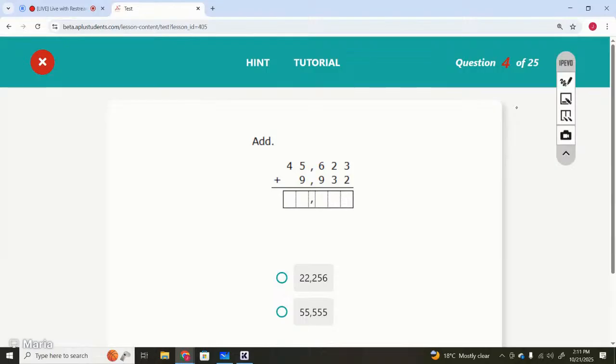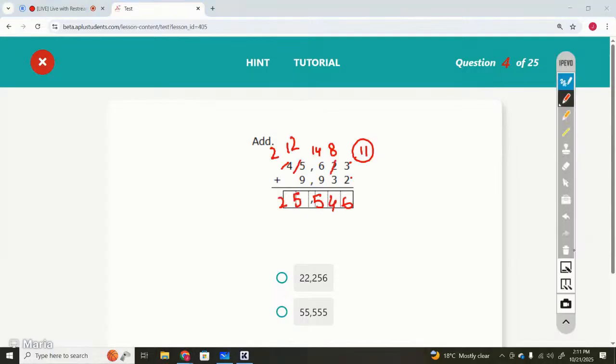Add 45,623 plus 9,923. 3 plus 2 is 5. 6 plus 9 is 15. 5, carry 1. 9 and 1 is 10, and 5 is 15. 4 plus 1 makes 5.